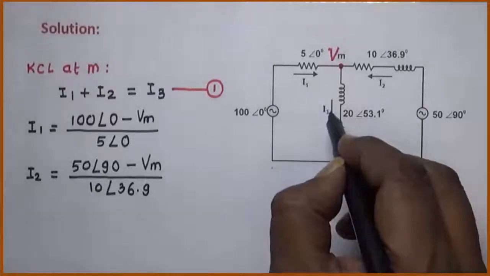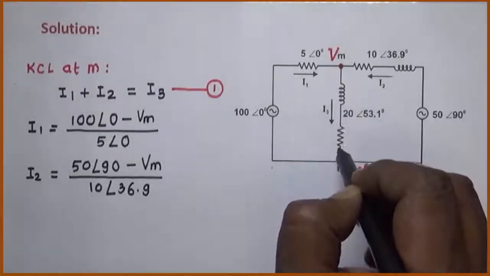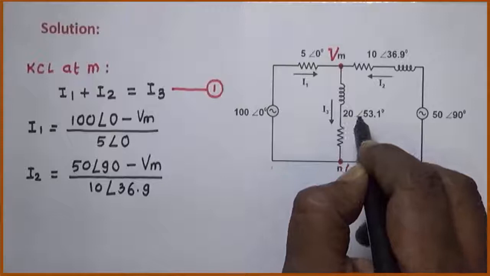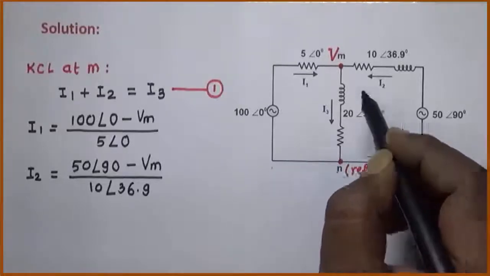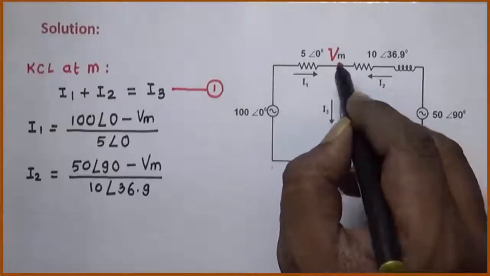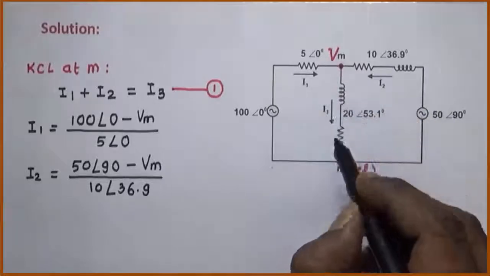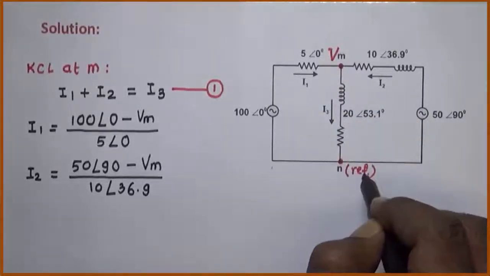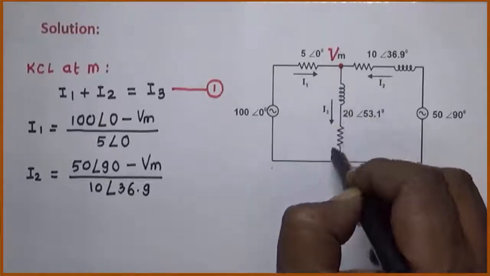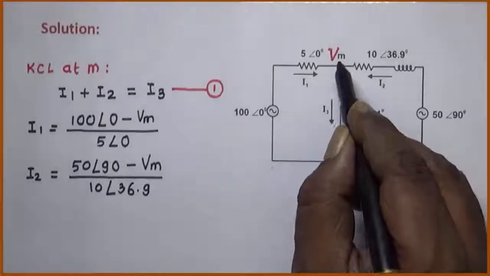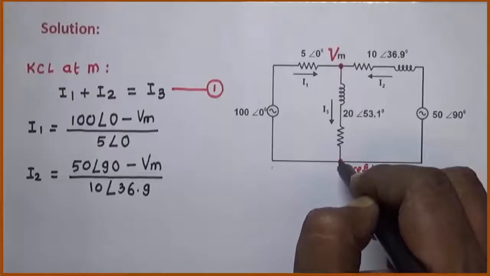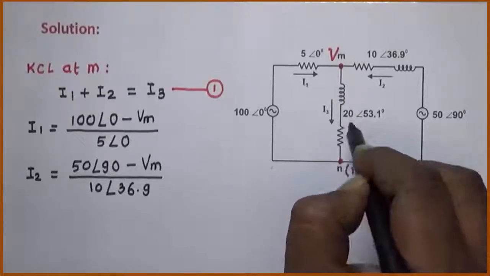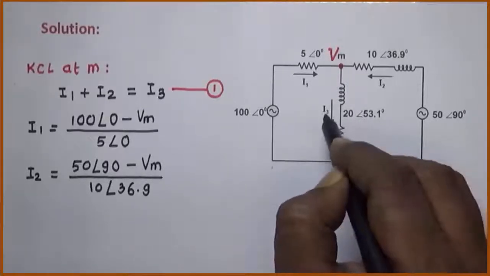Now see current I3. I3 is the current flowing in this branch, which is 20 angle 53.1. One terminal of this branch is connected to Vm and the second terminal is connected to point N, which is reference. So the potential difference across this branch is Vm minus 0, reference 0, divided by this value, which gives me I3.